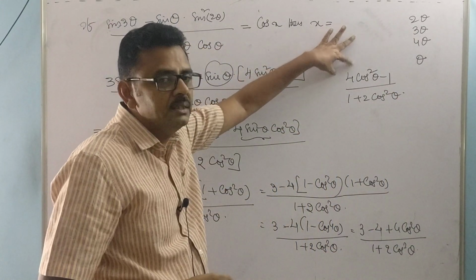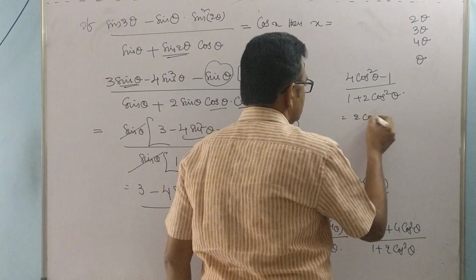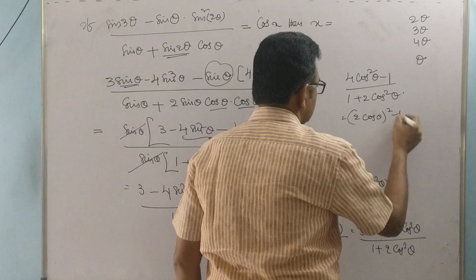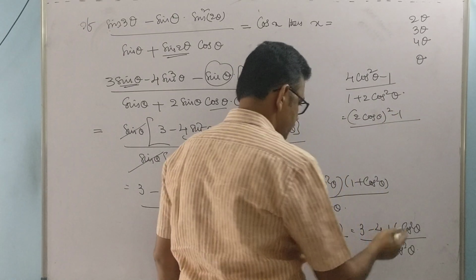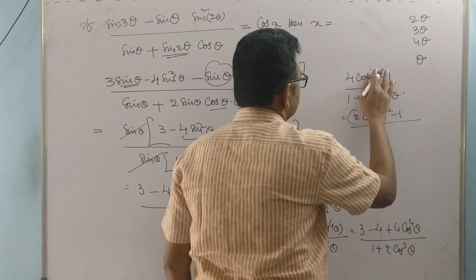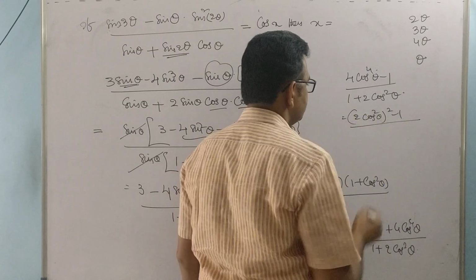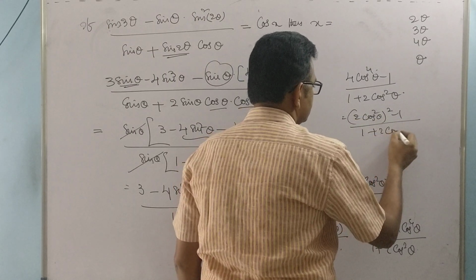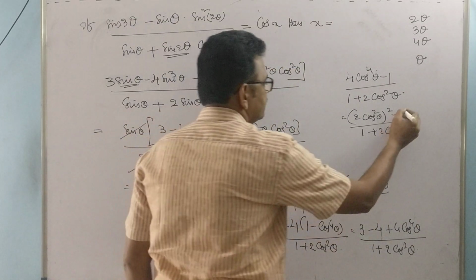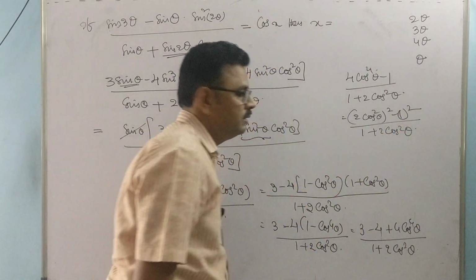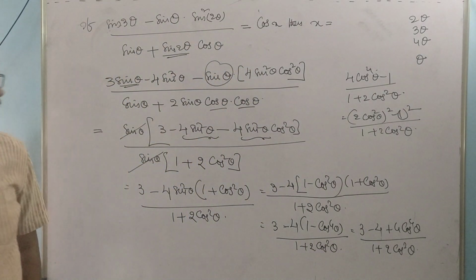Now the numerator is a square minus b square. What is a square? This is 2 cos square theta whole square, which is 4 cos power 4 theta, minus 1. 1 can be written as 1 square. What is a square minus b square form?